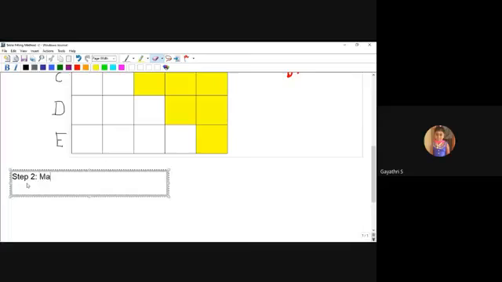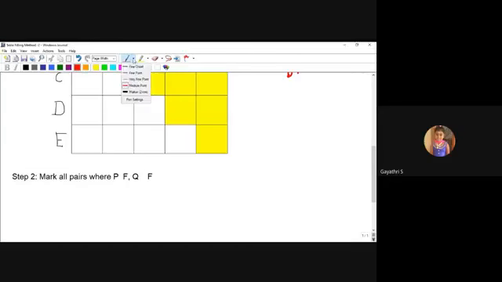Mark all pairs where P belongs to F and Q does not belong to F. Okay, so this is the second step.